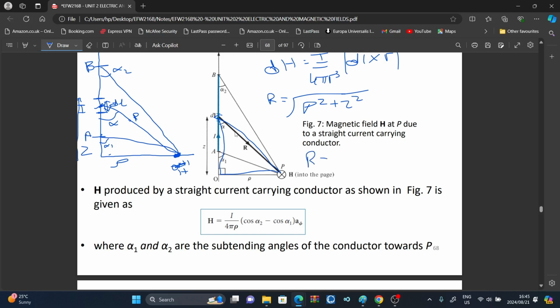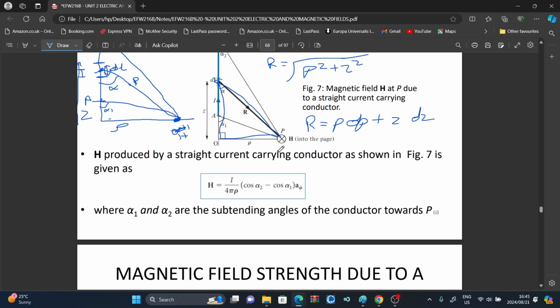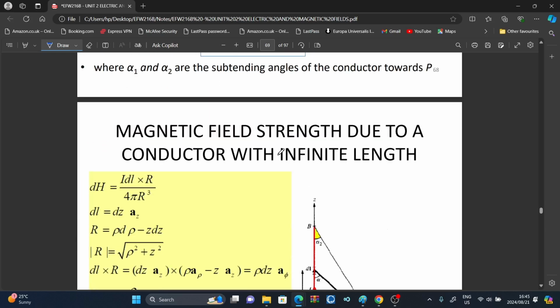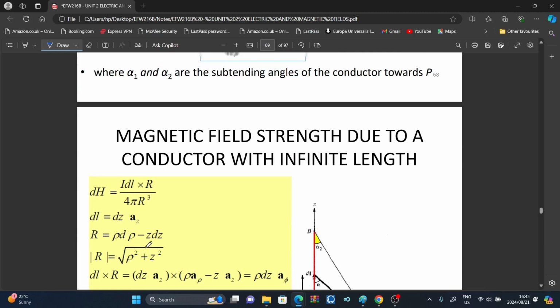And then they also show you our R will be the derivative of rho, dp, plus our z in terms of the derivative dz. So d just means a very small length of z in terms of z also, which as you can see they give us the value.